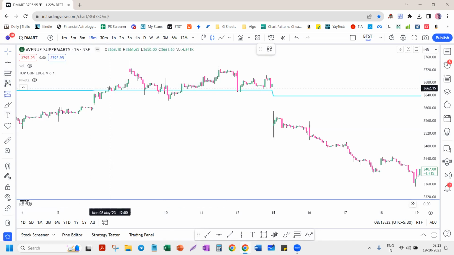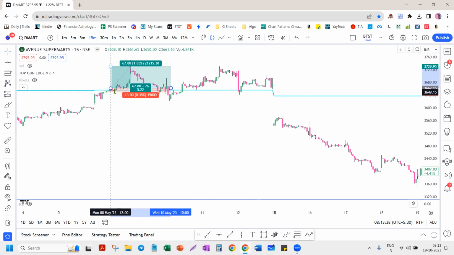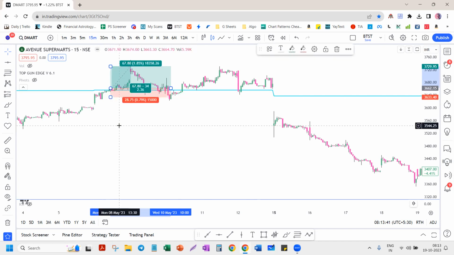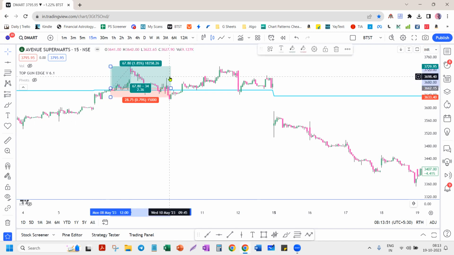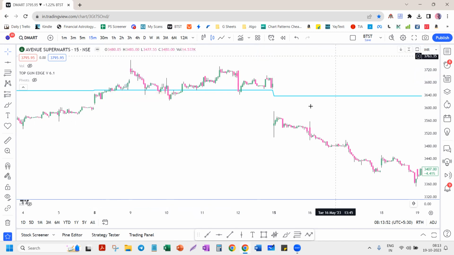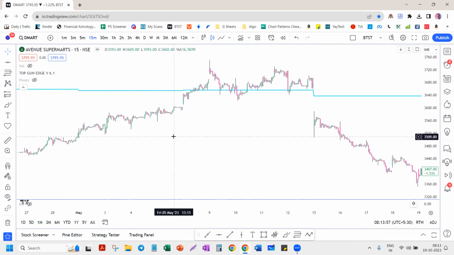And from a risk and reward perspective, even if I put it here and reduce your risk a little over here, then also you're getting 1:2 reward. So this is how people do sniper trading. I hope you liked it. Do not go for shorting. This is very good for long positions and it works beautifully if you know the share is good.